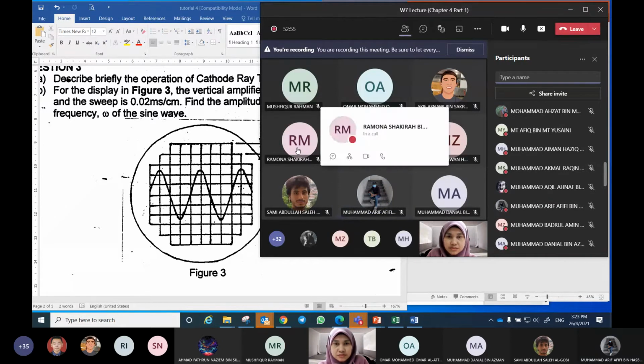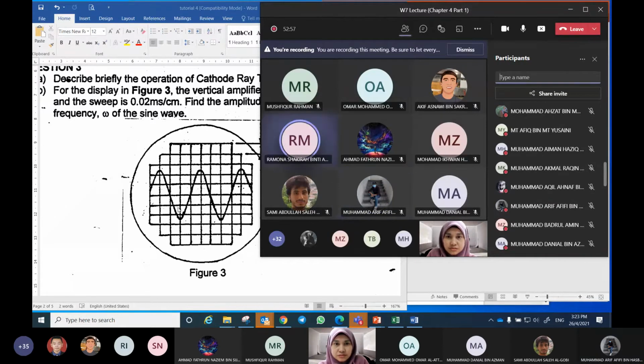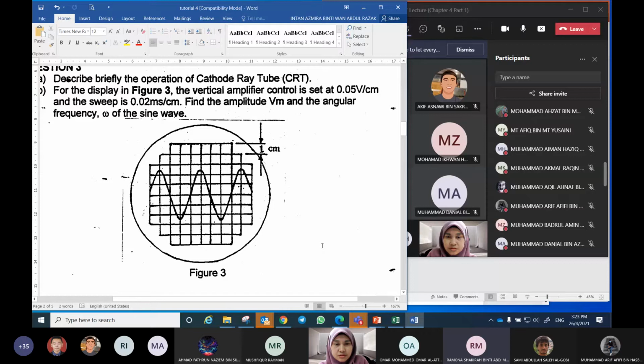Is it correct? No. Then how to calculate? Frequency is 1 over T. Then find the T first: time per division times number of divisions per one cycle. Okay, and then please proceed.